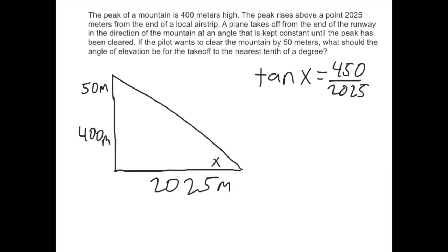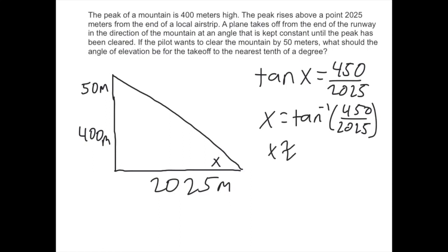So that means that x is equal to the inverse tangent of 450 over 2025. So x equals about 12.5, because they said to the nearest tenth of a degree. So 12.5 degrees.